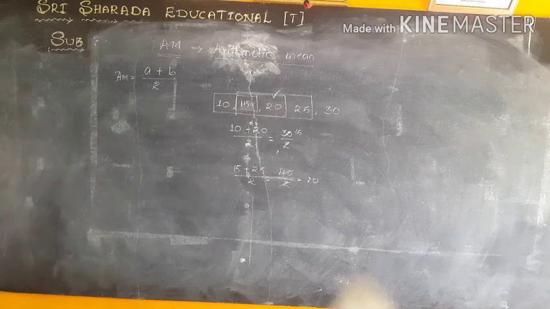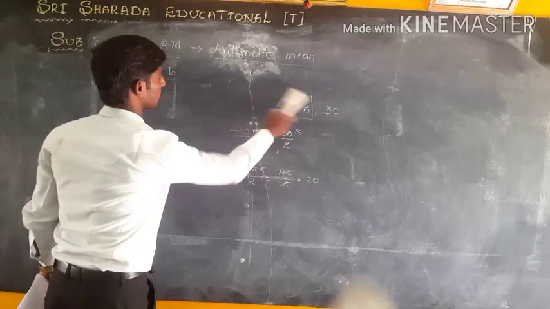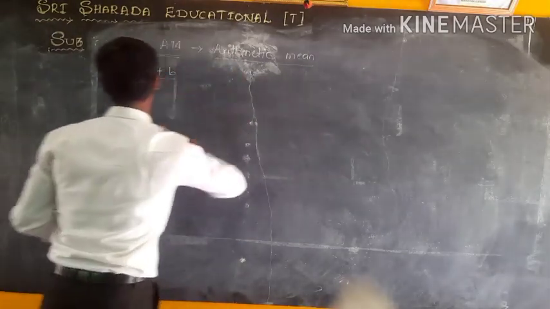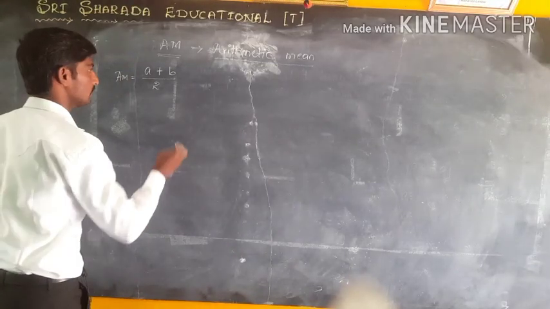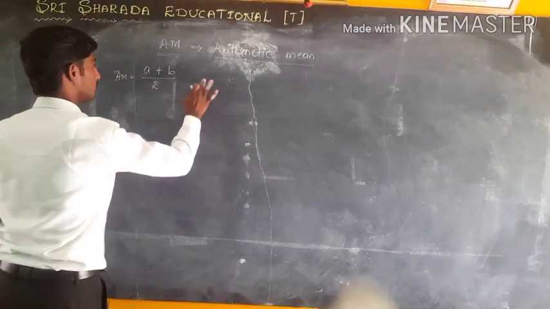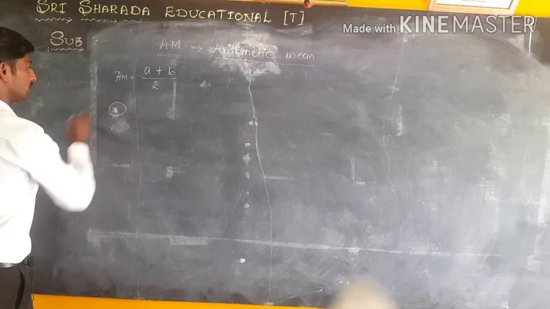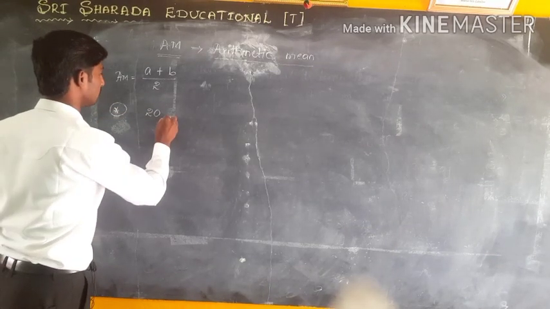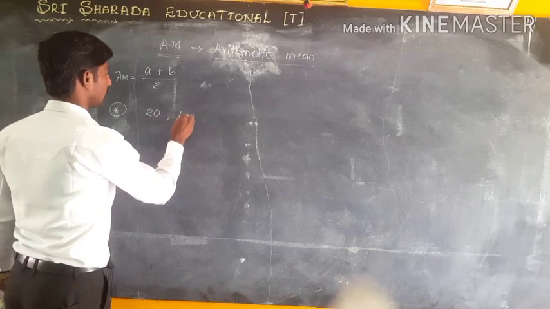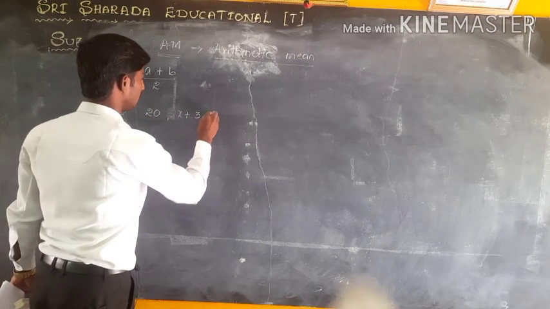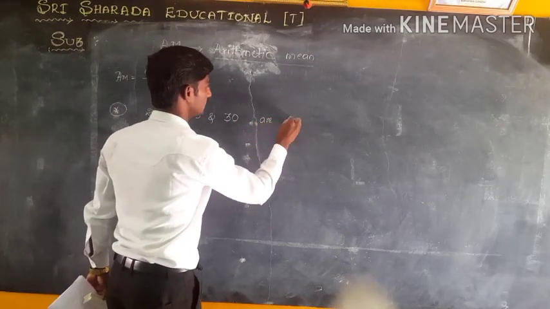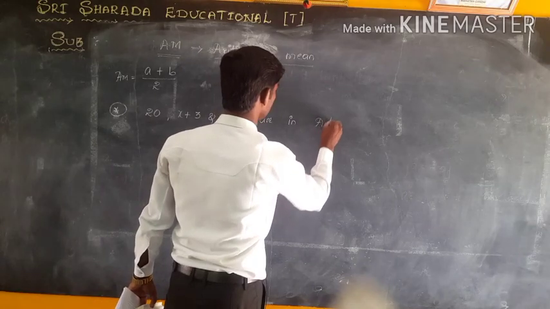So like that we have some questions. Write down one question here. 20, x plus 3 and 30 are in AP.